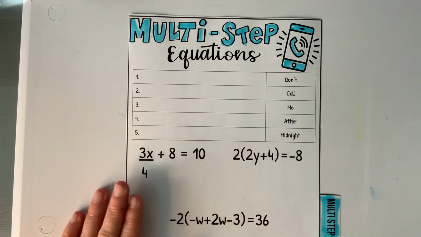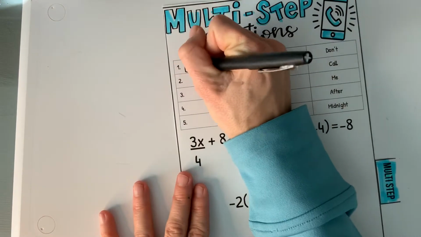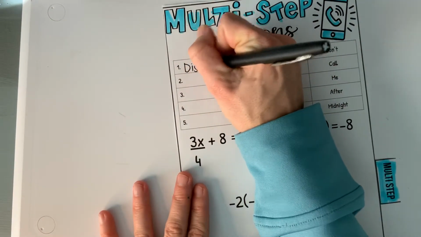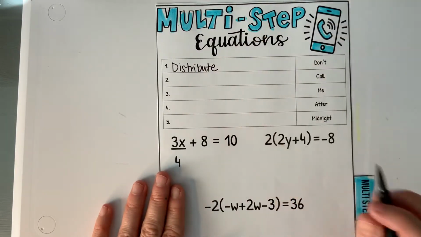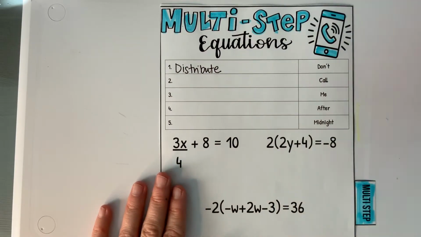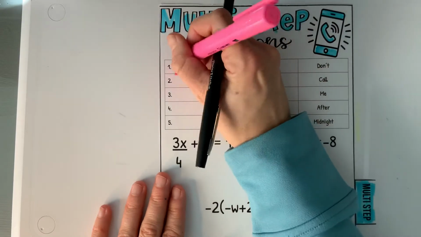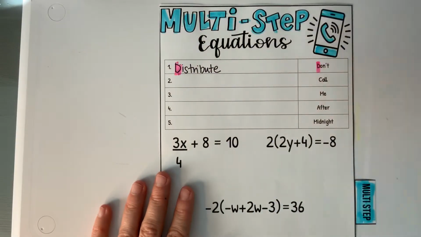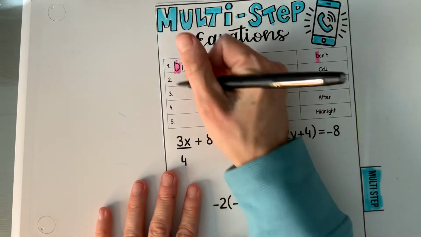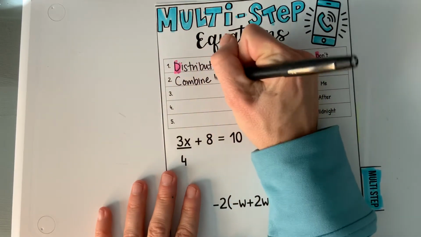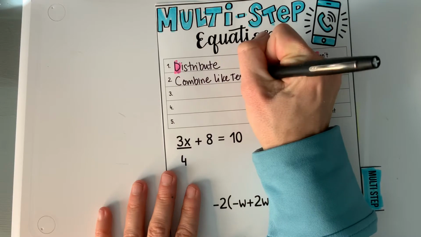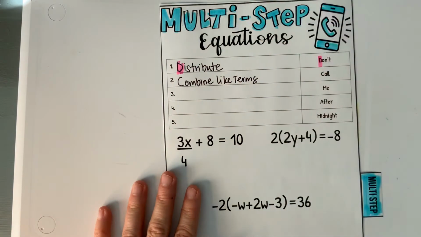So, step one, you are always going to distribute. So, the distributive property, that's what you're going to do first. Wherever you have parentheses, you are going to D for distribute. The second step, you are going to combine like terms.